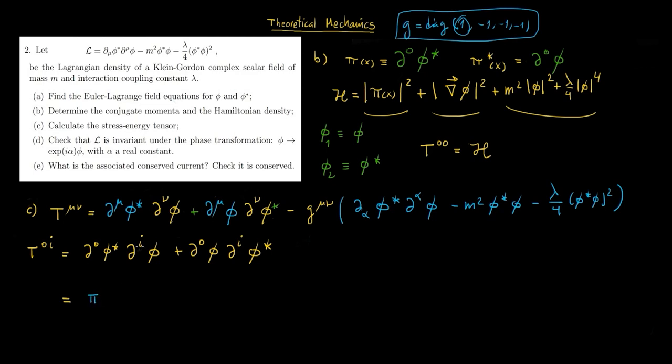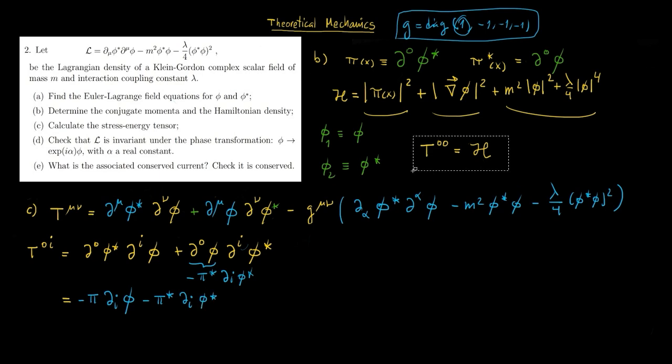If we lower the index, this is minus partial i phi, and looking at this, this is pi star. And if we lower this index, we put a minus sign here, partial i phi star. So minus pi star partial i phi star.